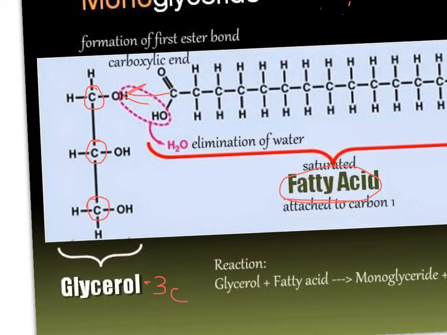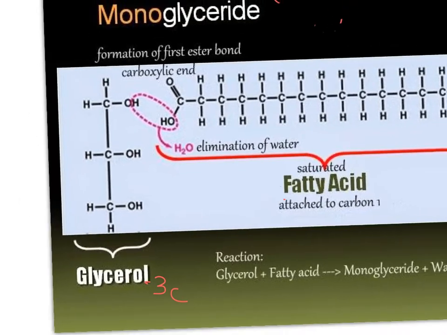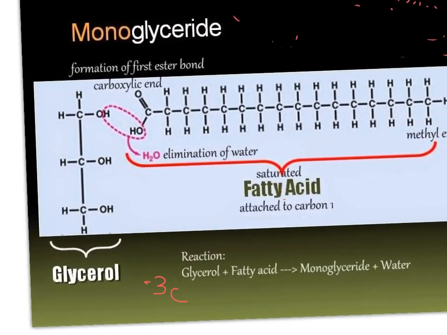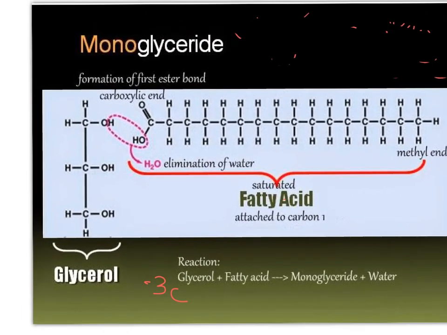This, what we're looking at right here, is called a monoglyceride. And the reason we're going to call this a monoglyceride is we only have 1 fatty acid chain that's connected to it, right? I'm going to go to the next slide and you're going to see a triglyceride.